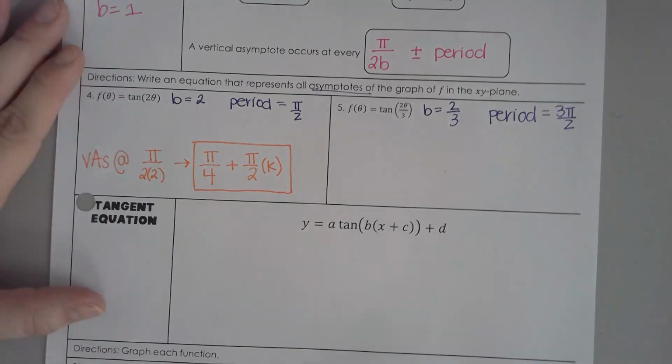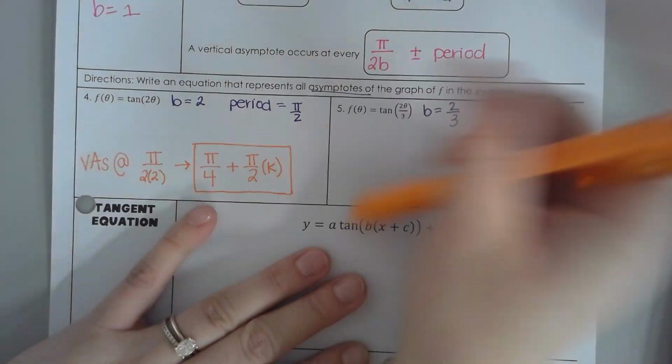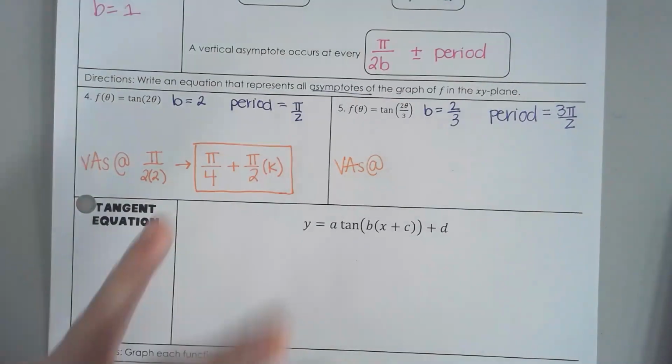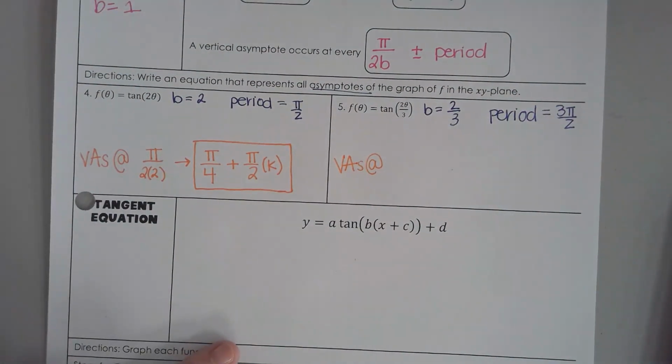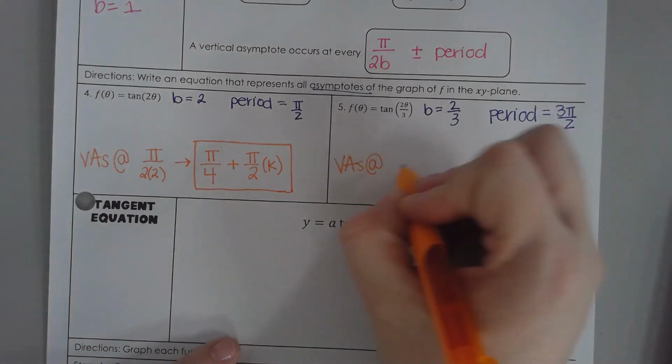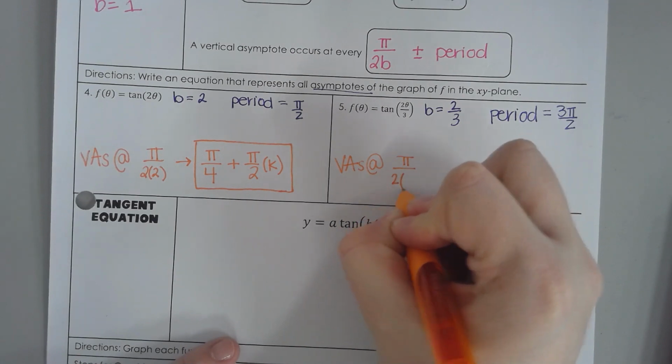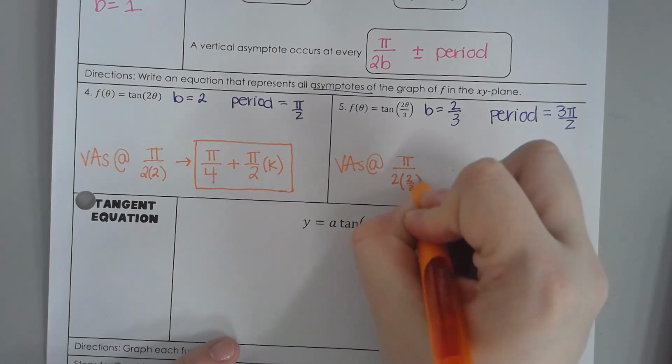Okay. So we would have vertical asymptotes at pi over 2b, fractions.